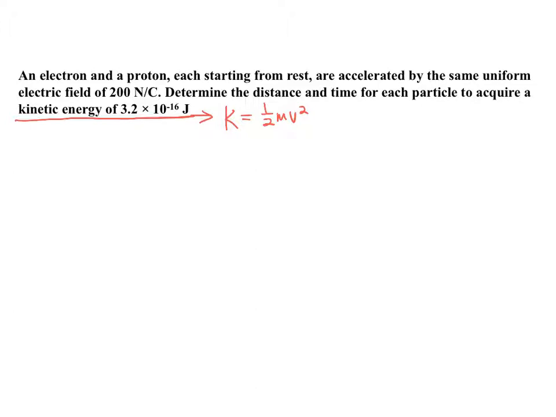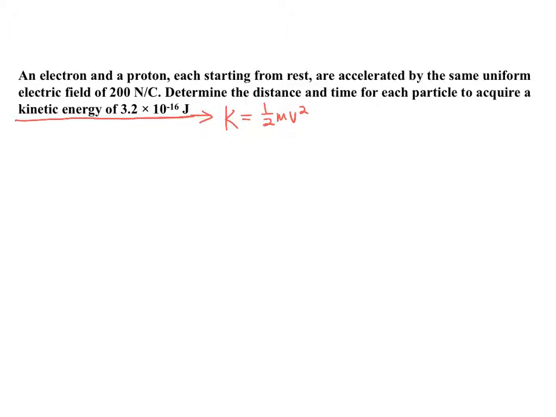So since I know the kinetic energy we're given, 3.2 times 10 to the minus 16th joules, and I know that it equals 1/2 mv squared, and I am dealing with an electron and a proton which have known masses, I can find the speeds of these two particles, which are going to be different because they have different masses but the same energy.